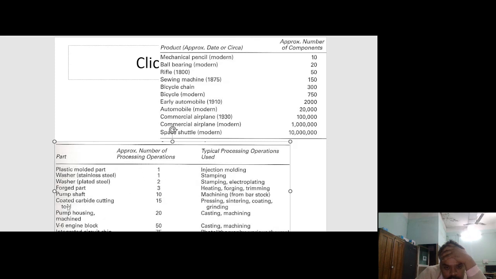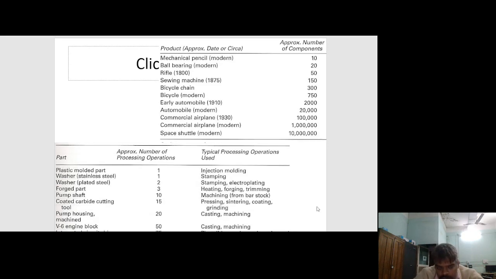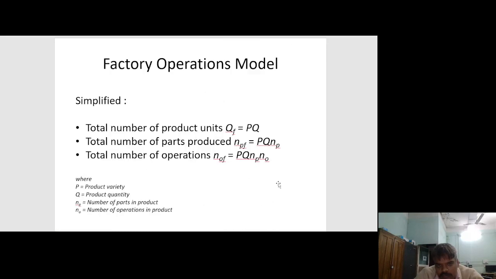Coated carbide cutting tool: pressing, centering, coating, grinding. Pump housing: casting, machining. V6 engine block. Integrated circuit chip: photolithography, various thermal and chemical processes. So these are some products, their requirements, and the typical processing operations used.